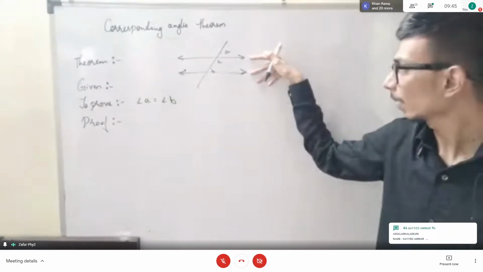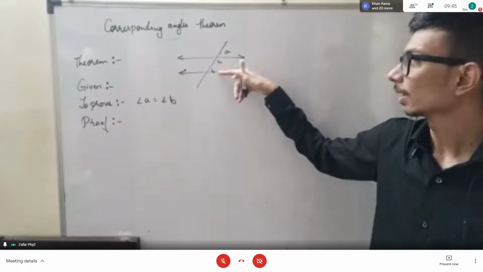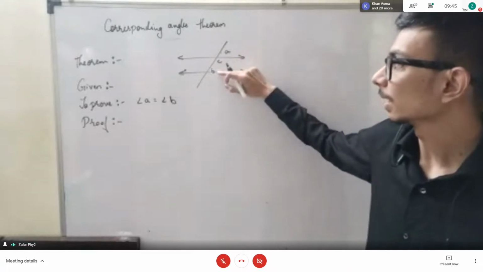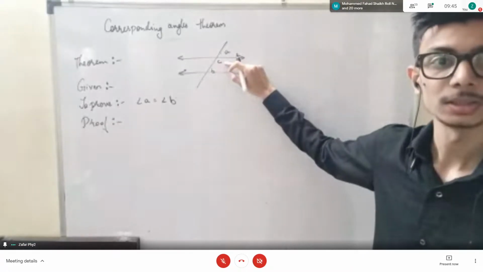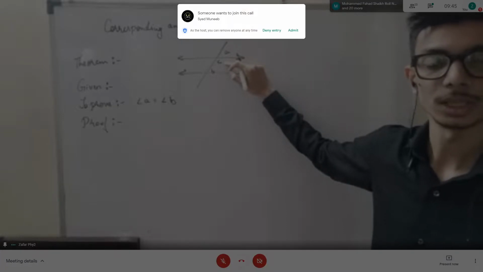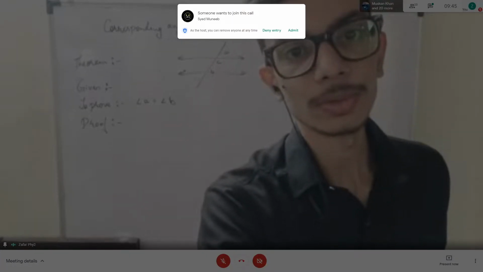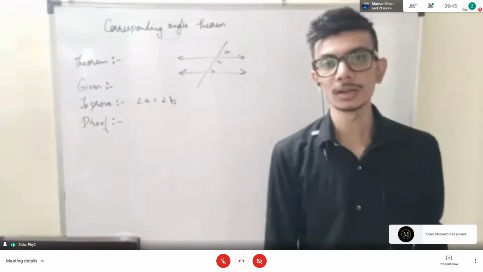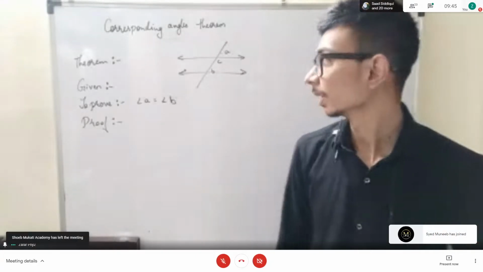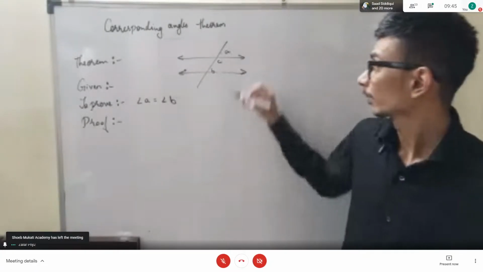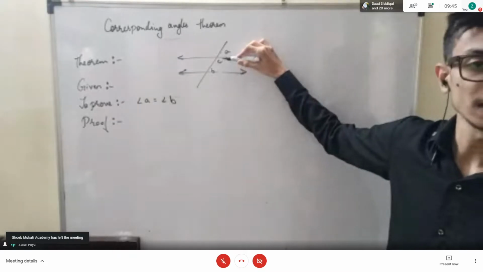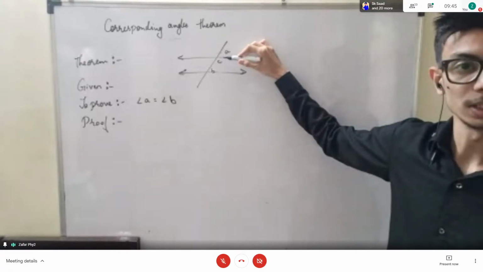So if lines are parallel, we can say sum of angle B and angle C is 180 degree. Okay, they are supplementary, right? Second, you can see angle A and angle C are forming a linear pair.